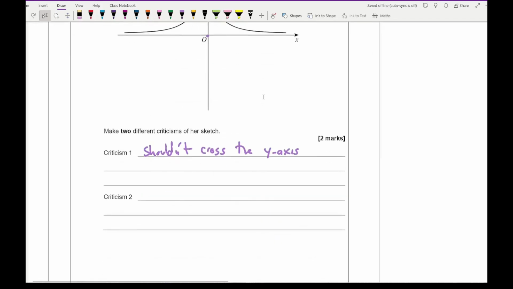Then the second criticism is that when x is less than 0, you can either write it as an equality or you can write it in words, y is also less than 0.